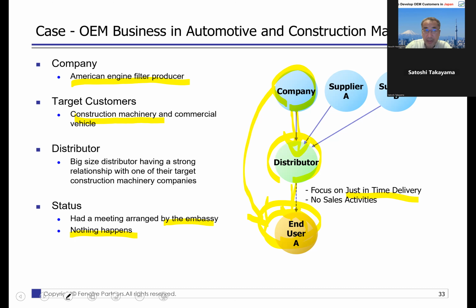So in some industries in Japan, you cannot find a good distributor due to this type of complicated distribution channel structure. And in some industries, there are several layers between end user and suppliers. So that's why in Japan, just finding a local distributor wouldn't be the best solution for you to be successful in Japan.